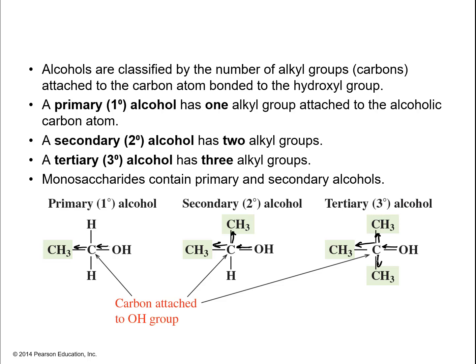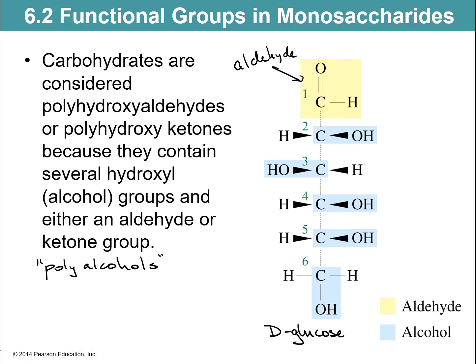So if you're reading along and they're talking about a primary alcohol or a secondary alcohol, looking back at this one, carbon number 2, would you say that this is a primary alcohol or a secondary alcohol? All you do is look at the alcohol, look at the carbon it's attached to. How many carbons is that one attached to? 2, so it's a secondary.